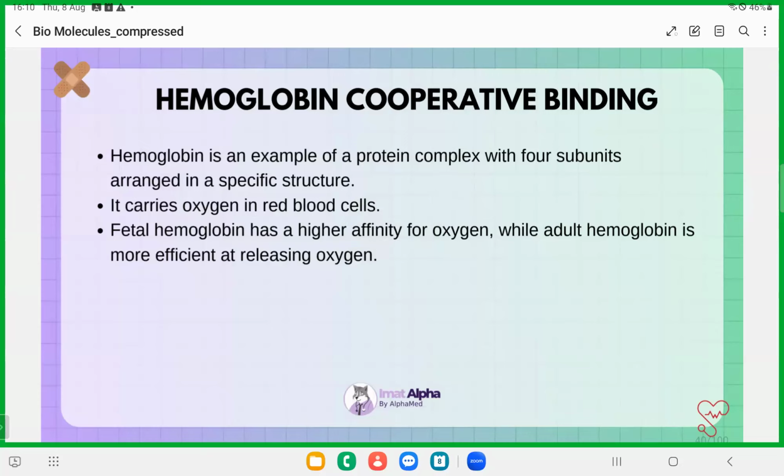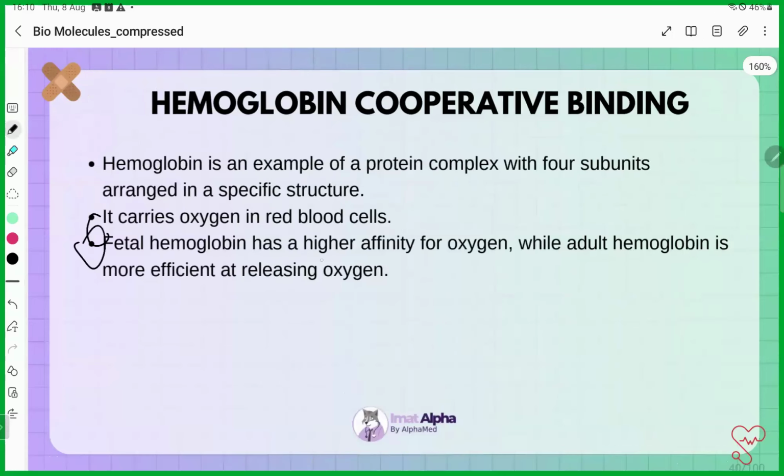So high affinity for oxygen is fetal. Why? Because the fetus must have a very high amount of oxygen in his body because he's proliferating, his body is growing, so he needs much higher affinity for oxygen than an adult.